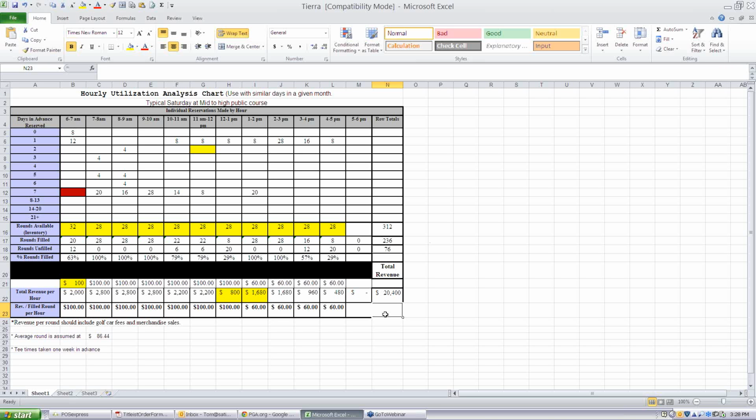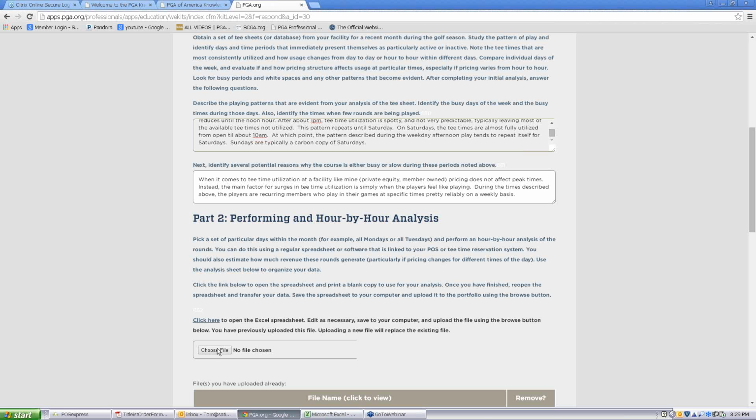So the important part of today's class was understanding what this hourly utilization analysis chart is and how you use it. It is available in your LaunchPad.